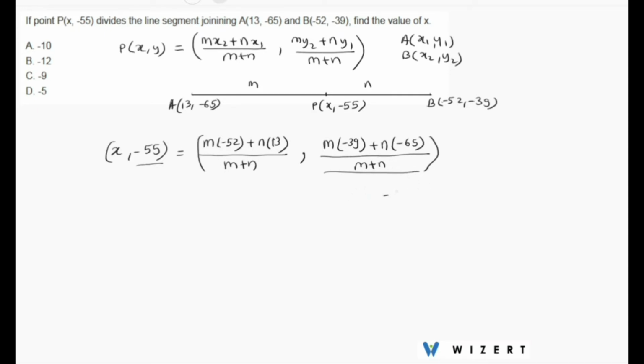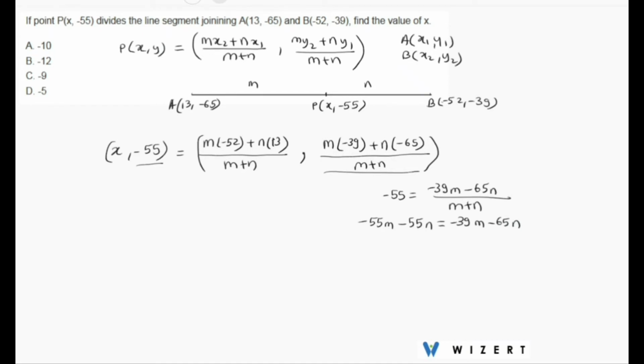So let's see. Minus 55 equal to (minus 39m minus 65n) upon (m plus n). We cross multiply and take this m plus n over to the left side. We get minus 55m minus 55n equal to minus 39m minus 65n.